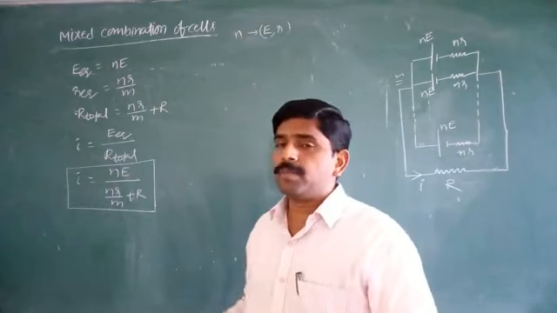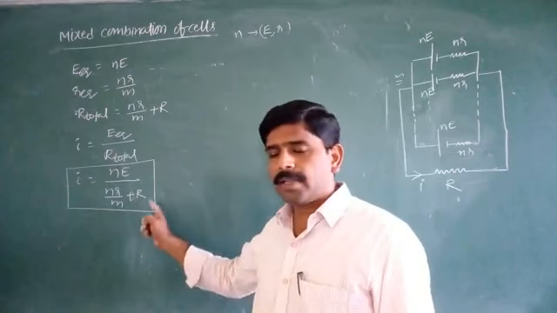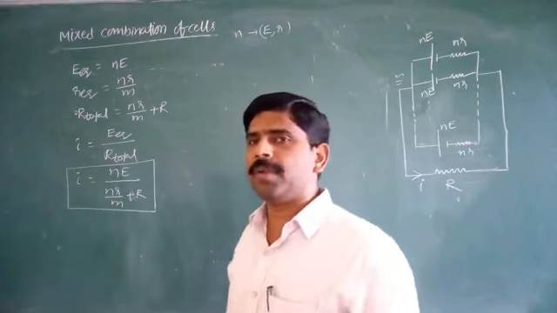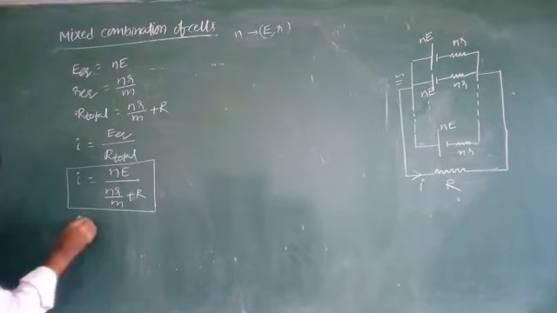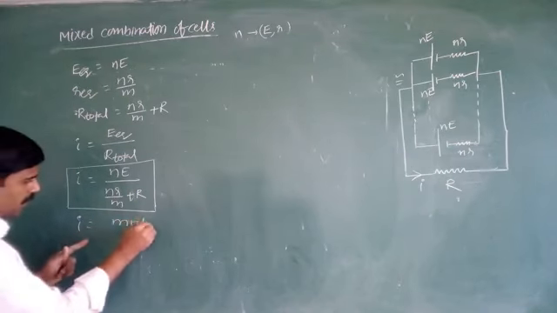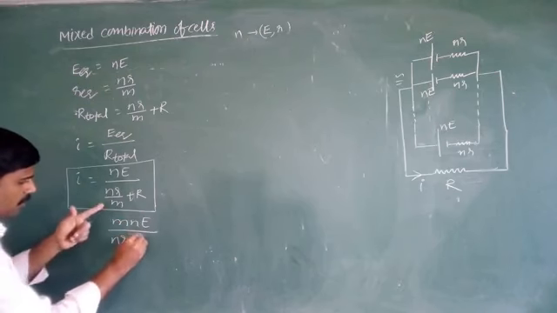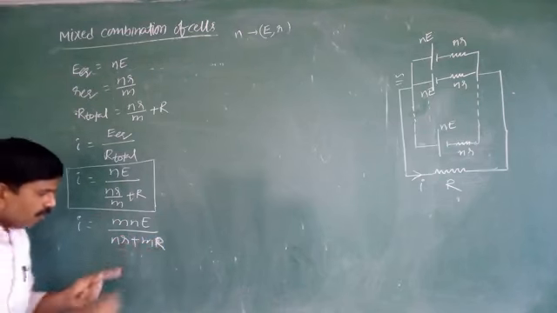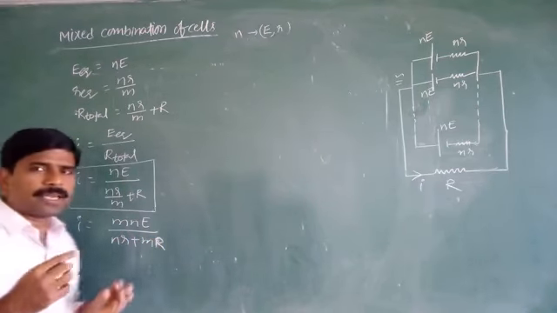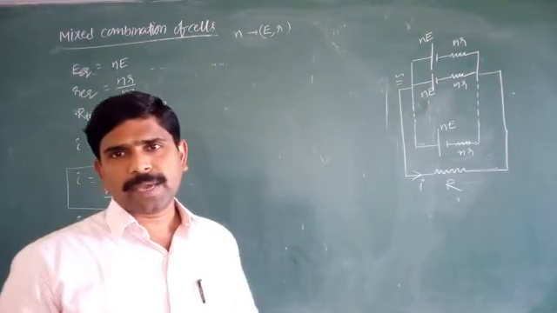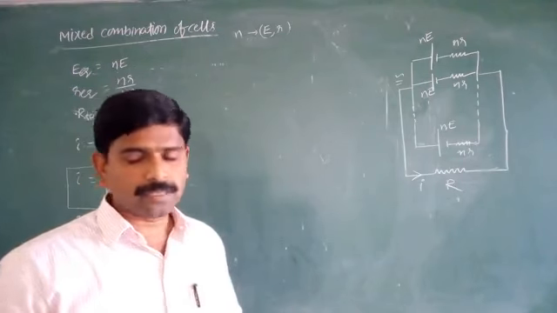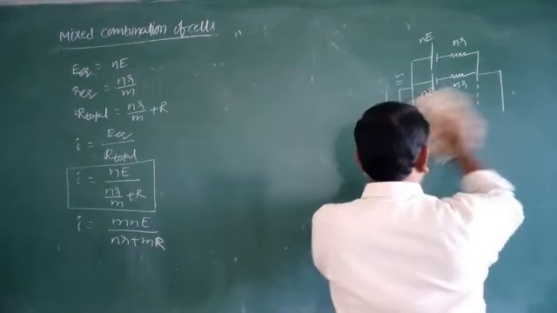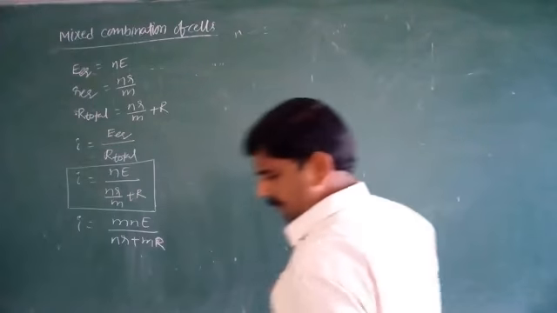When the denominator term becomes minimum, then the current becomes maximum. Observe here, I is equal to m into n into E by nr plus m into capital R. When this denominator term becomes minimum, then current becomes maximum.